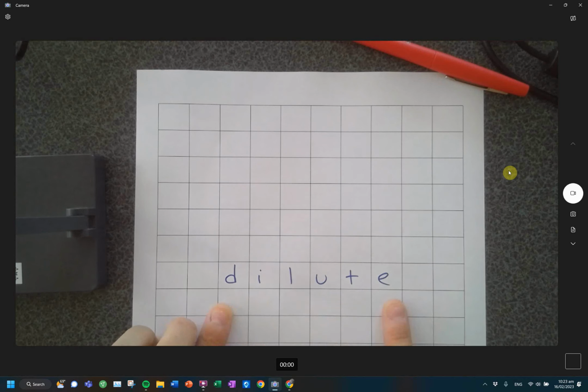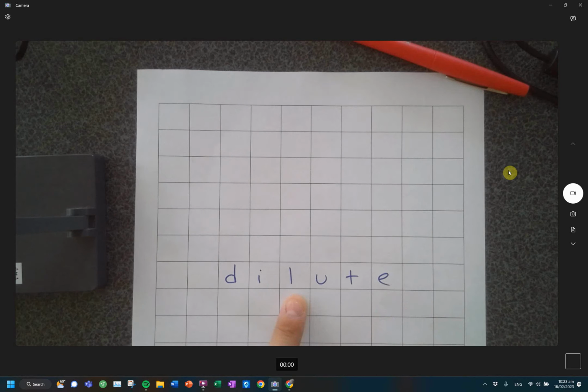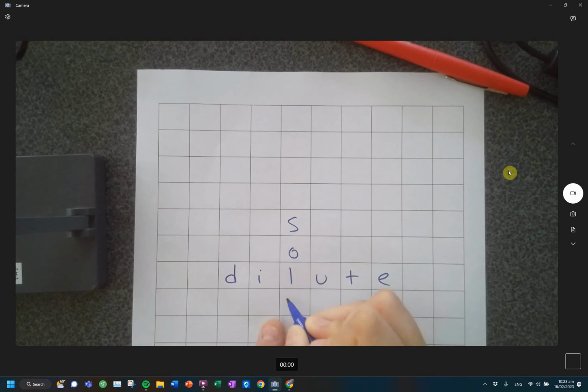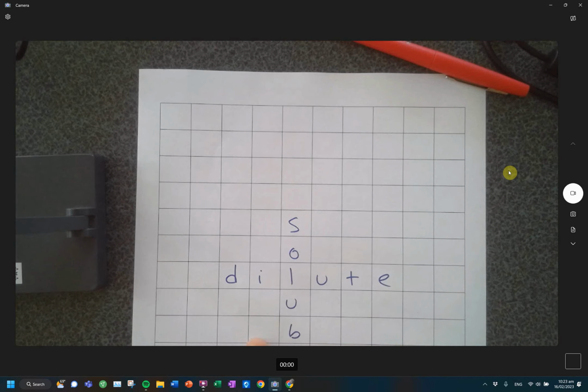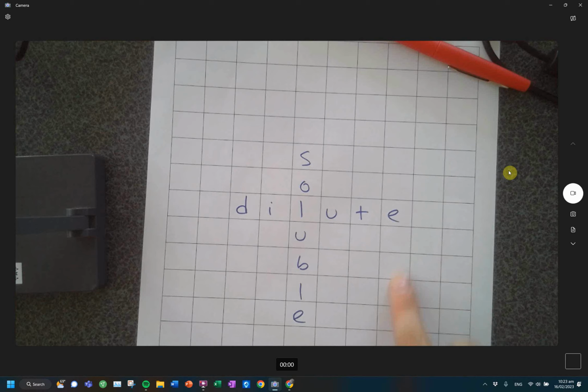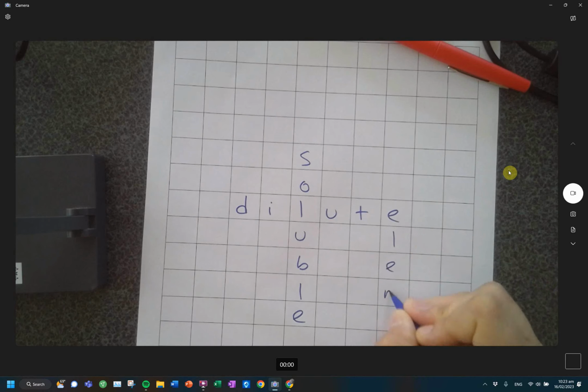So if I'm putting dilute here and I see there's an L, maybe then I want to put soluble over here. They need to all bridge together. You get it? Yeah. So you can put it anywhere. You can use any of the words that we have. I think concentrated might be too long, unfortunately, because I only put 10 letters. For this one here, you can do element, for example.